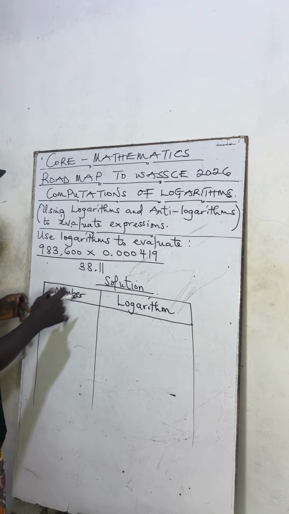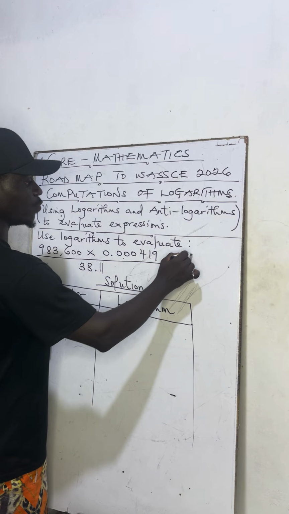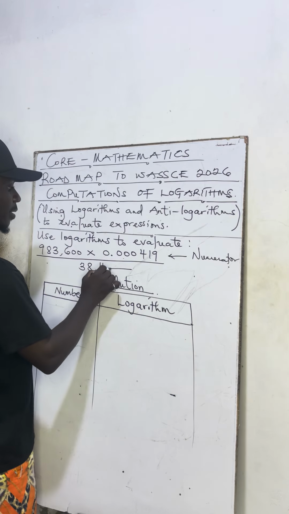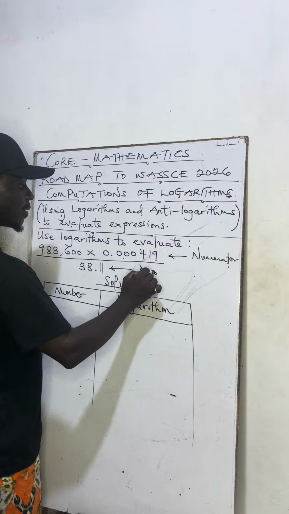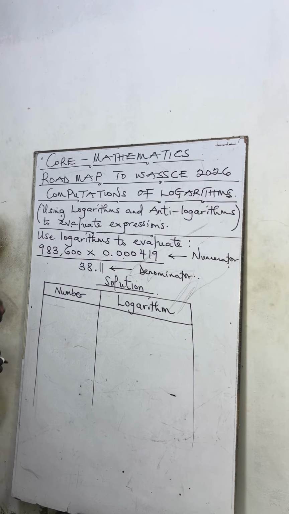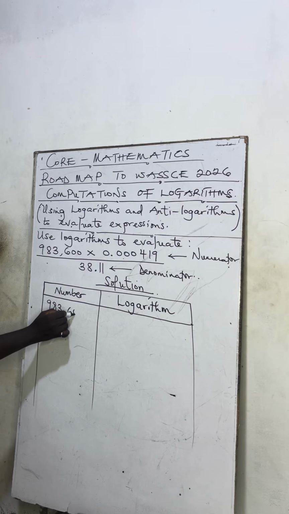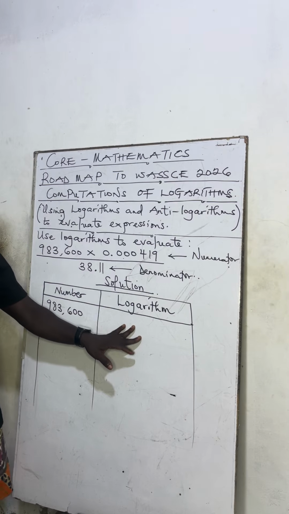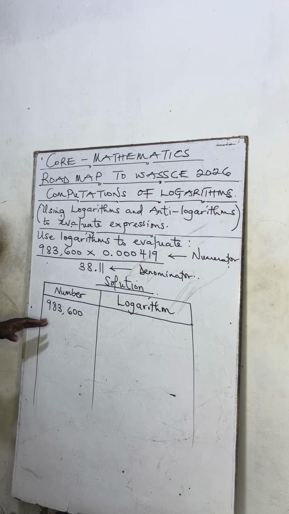So here is a fraction. This is the numerator, and this is the denominator. Now, the numerator we have is 983,600. We need to write 983,600 in logarithm. First and foremost, you have to check whether you have any decimal points here.